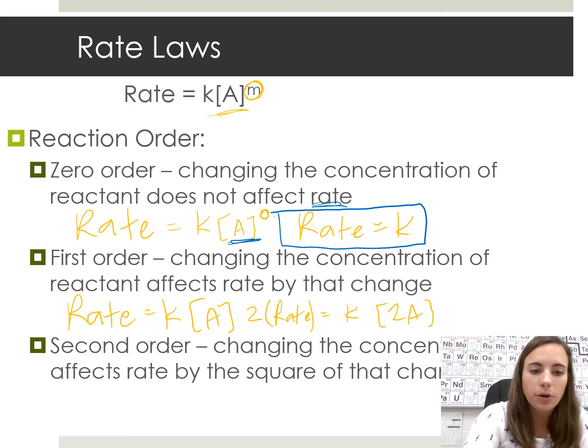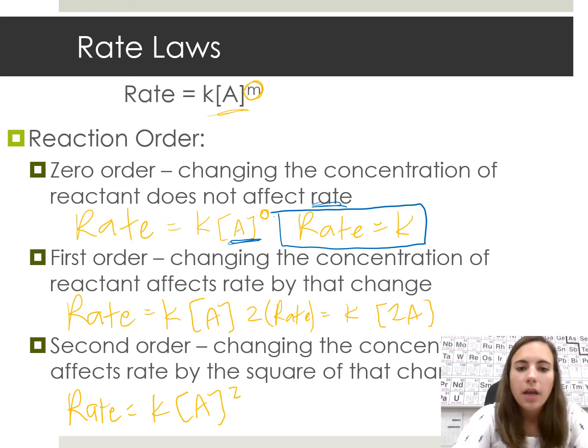Now, second order would be an exponent of 2. And so what that would mean is whatever I do to my concentration, I would change the rate by the square of that.